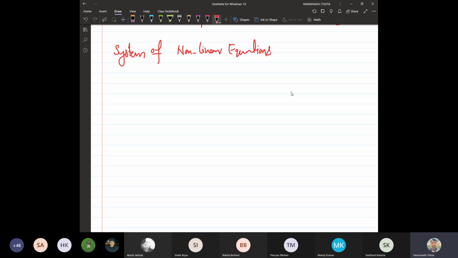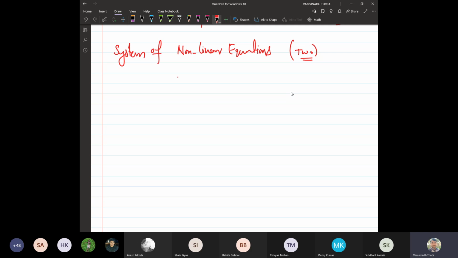So we will restrict ourselves to two non-linear equations. Even our course syllabus prefers exactly two. But the same thing can be generalized to a system of more than two equations also.